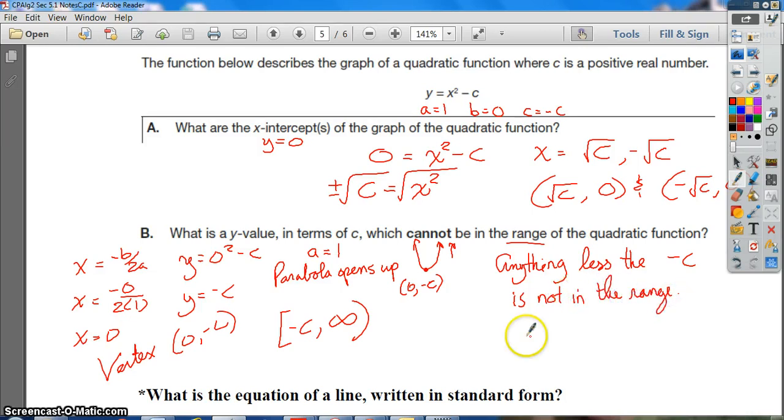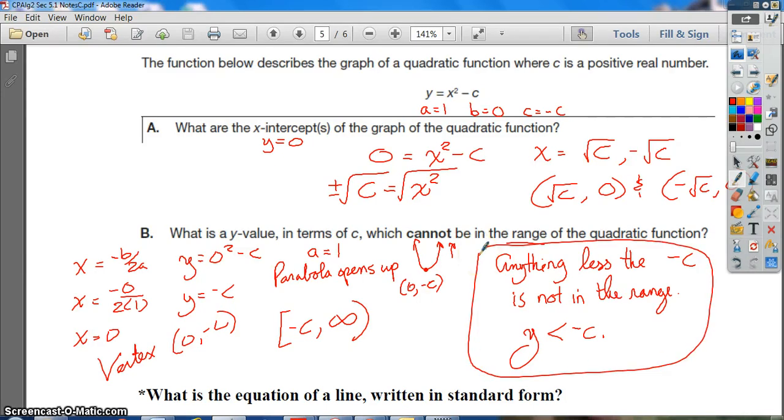So if you want to know what that looks like, put y first. y cannot be less than negative c, which cannot be in the range. Values less than that. It really feels weird writing the negative. It's like a double negative to me. y is less than negative c. They're not going to be in the range. So that's the answer to B.